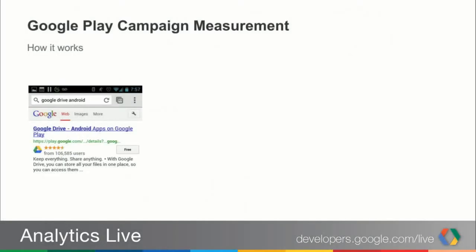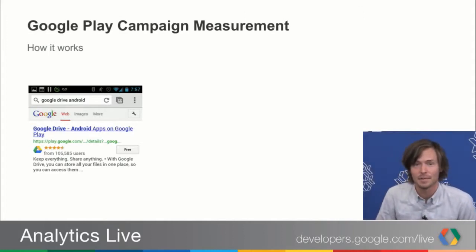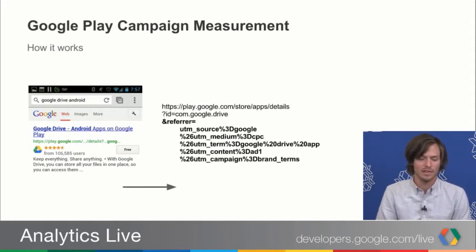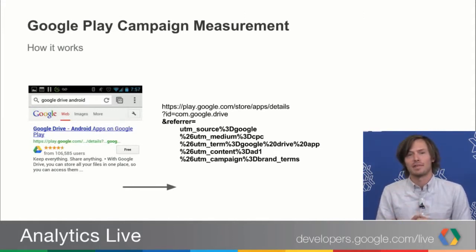Cool. So now we've covered a little bit about how campaigns work in Universal Analytics in general and what that's going to mean for Android. I'm going to show you a little bit about how Google Play campaign measurement works. It's actually pretty simple. Any ads or marketing efforts that you have, you can link to Google Play from those. You're going to link to your app's download page on the Google Play Store with the download button, and you attach this referrer parameter.